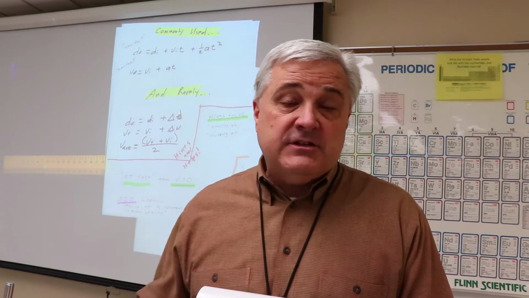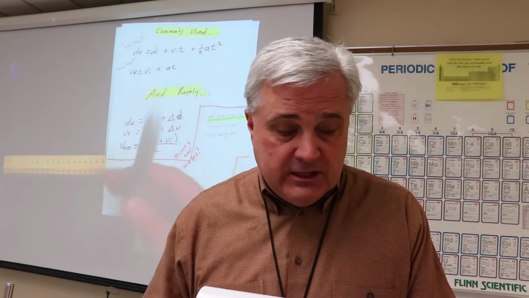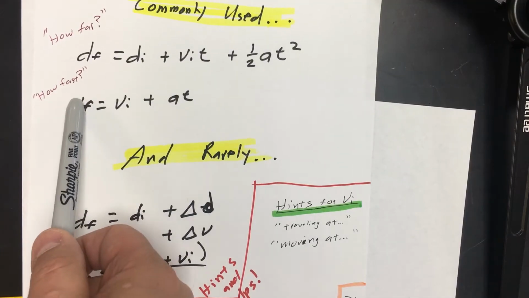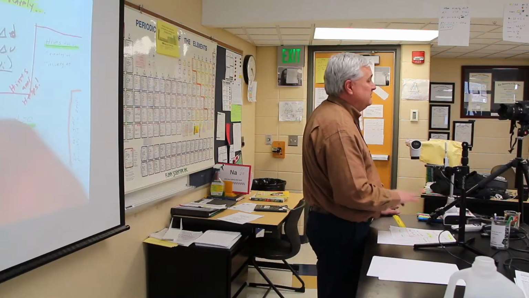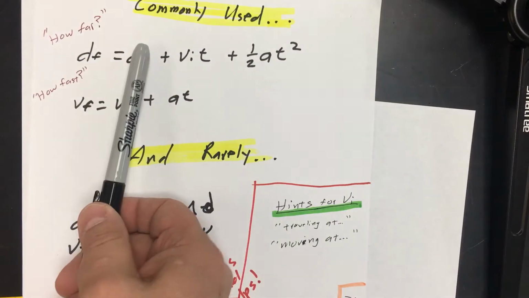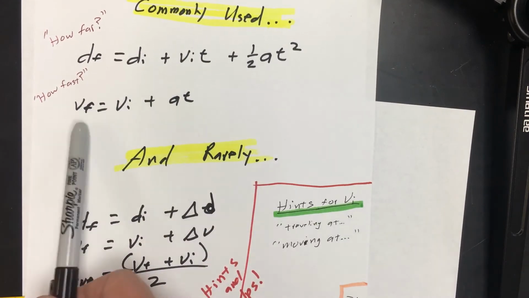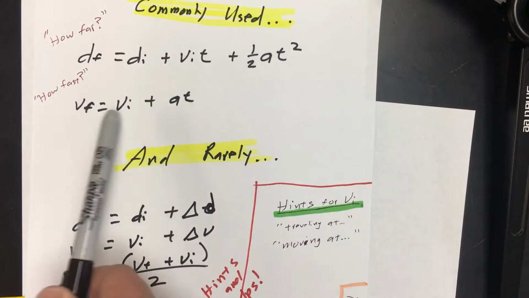So if you're asked to find distance, or if distance is given as part of the problem, then you cannot use this, or else the distance is extraneous, which is a possibility, but we won't go into that right now. If you have a final velocity, you cannot use this. This is the only equation with initial and final velocity.